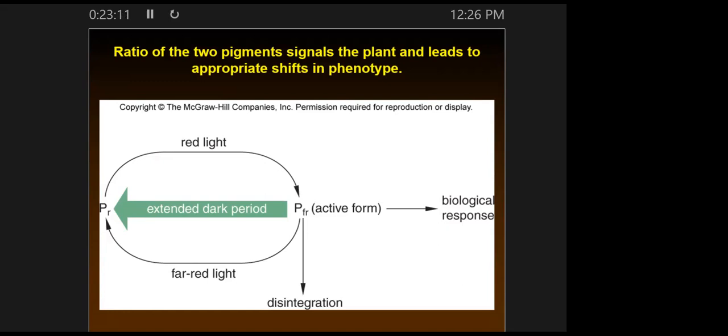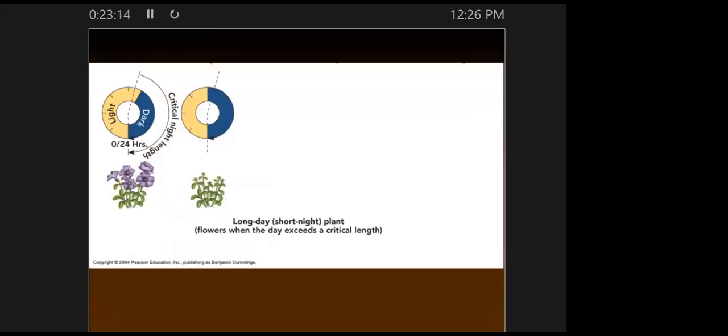Well, let's take an example here. This donut is supposed to be a 24-hour time period. What this dotted line on the donut is trying to show is the critical time period.